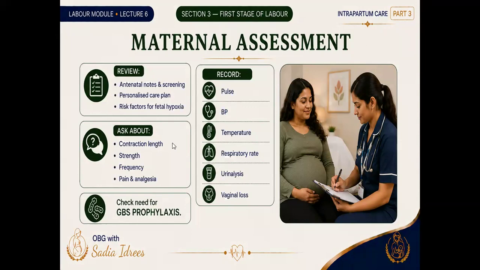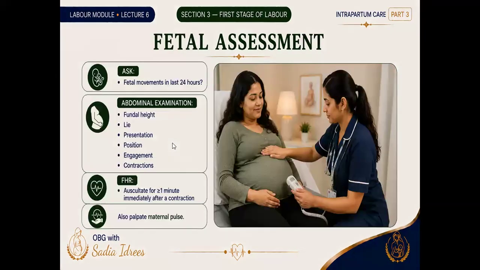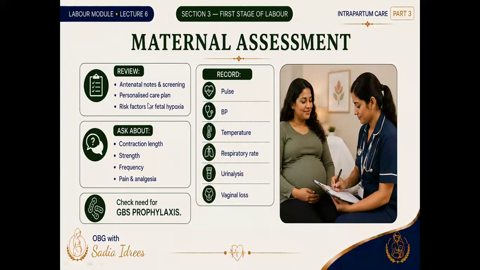Look at the personalized care plan and identify any risk factor, particularly factors associated with fetal compromise or hypoxia. Then ask about the contractions. How long are they lasting? How strong do they feel? How frequently are they occurring? How is she coping with pain? And has she already used any analgesia? And also check whether she requires intrapartum antibiotic prophylaxis for group B streptococcus.